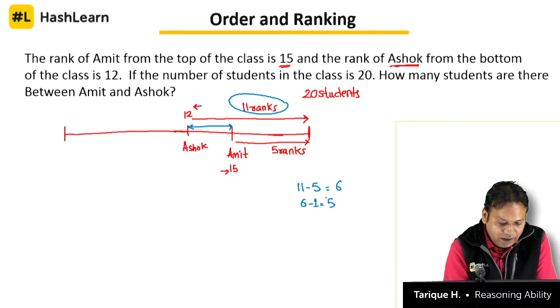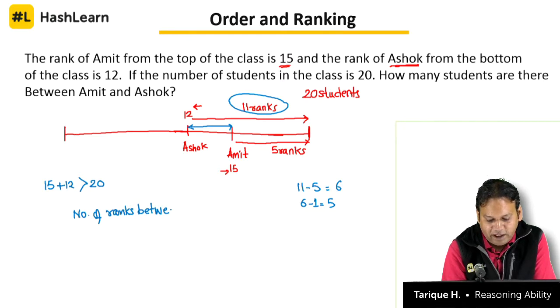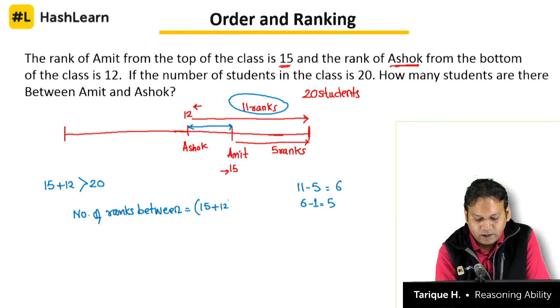Now, we know here that 15 plus 12 is equal to 27, and this is more than 20. So, the number of ranks between them is equal to the sum of ranks minus number of students minus 2.